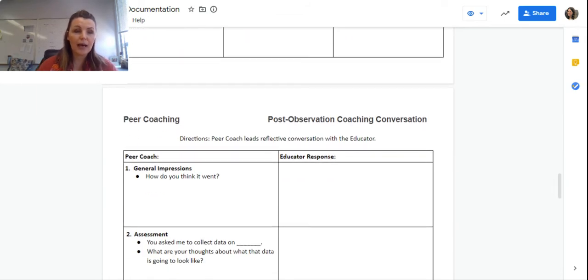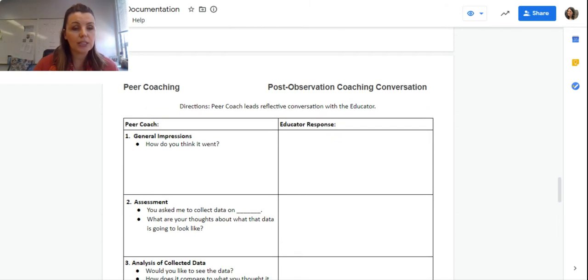Finally, after both observations have been completed, the 2 coaches or the 2 educators will get together for a post-observation coaching conversation. So what will happen is the peer coach will lead a reflective conversation with the educator. So the peer coach will ask the questions that are on the left-hand side of this column.